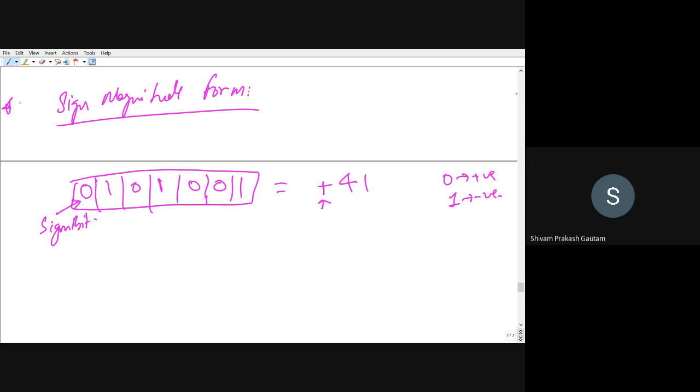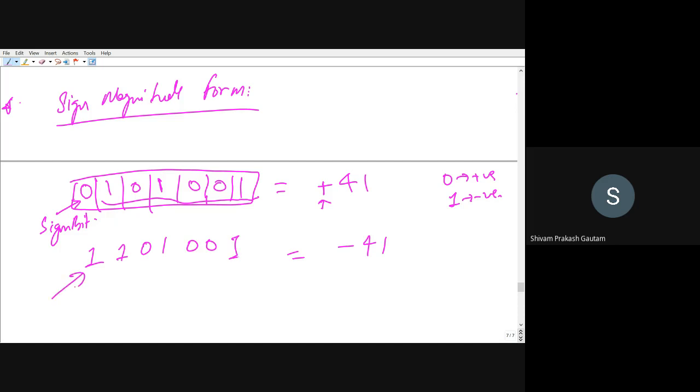When you see this binary number and you know the representation is in sign magnitude form, you will be able to classify that since there is 0 in the MSB, this must be a positive number. Then you follow the same steps that we have seen in our previous form, how to convert binary to decimal, right? Similarly, if you wanted a negative 41, instead of 0 you would write 1, and the rest of the bits are the same.